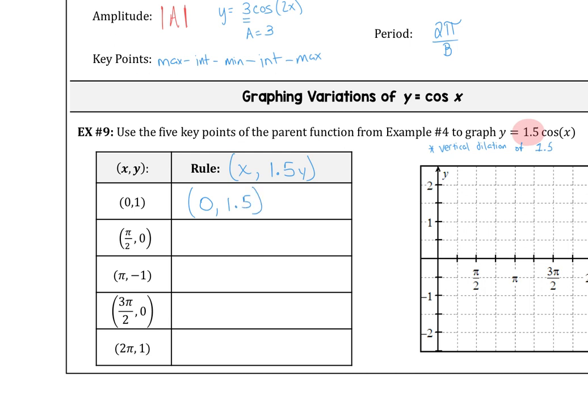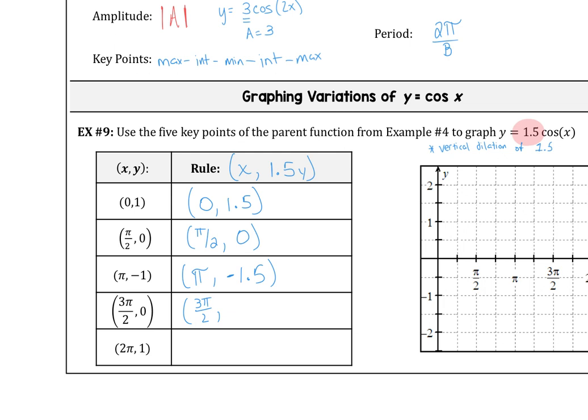Pi over 2 stays the same. 0 times 1.5 is still 0. And then pi stays the same. -1 times 1.5 is -1.5. 3 pi over 2 stays the same.